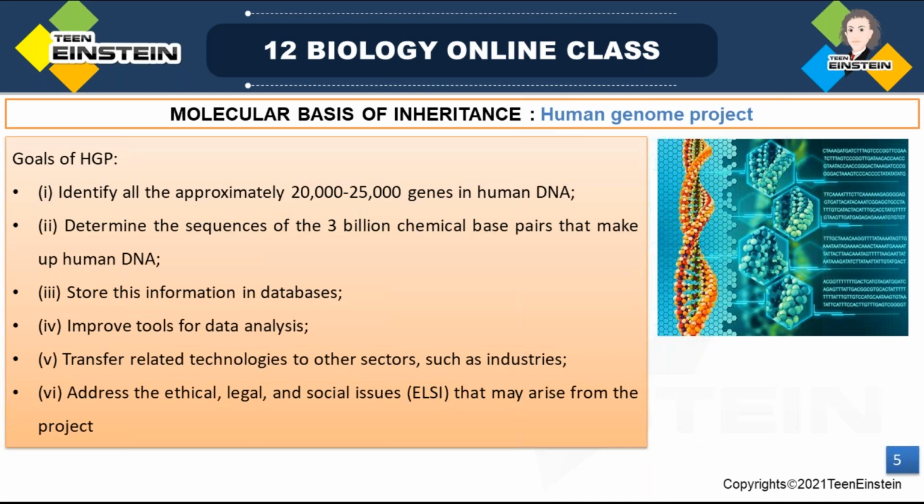Okay, 3 into 10 raised to 9 base pairs are present. So we need to determine the sequence of these chemical base pairs, which is the base of human DNA. That is another point. And third point, store this information in databases.